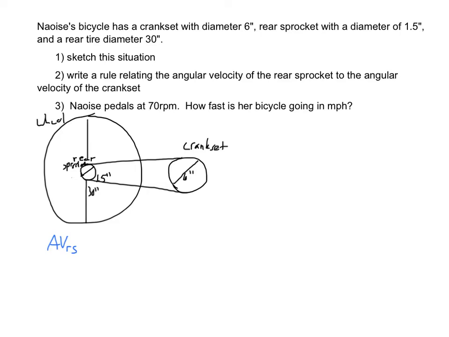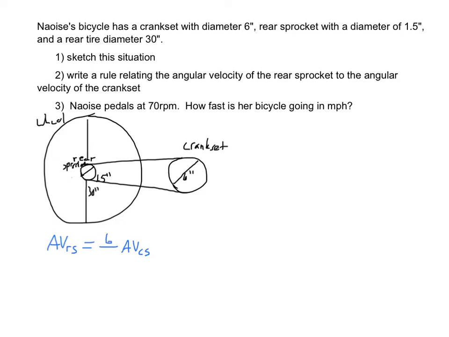Now the trick here to shorten this all up is the angular velocity of the rear sprocket is based on the angular velocity of the crankset, with a ratio of their radii or their diameters. Now the trick for remembering which way to do that ratio is this one is bigger, so this one's going to rotate faster.